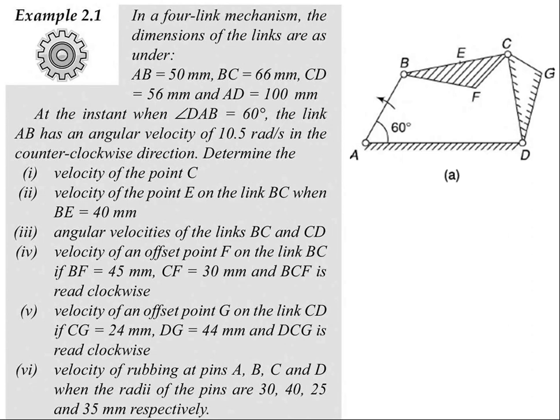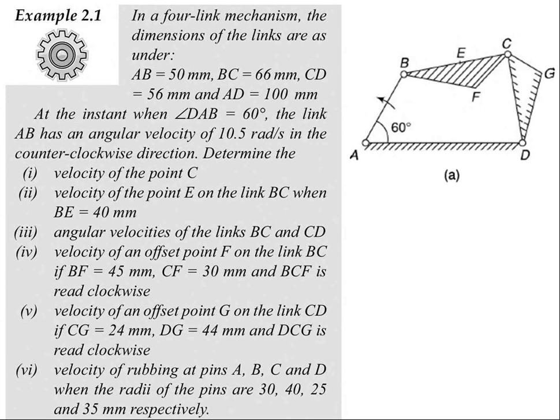So now the fourth one: the velocity of an offset point F on the link BC, that you need to calculate now. The length is already known to you, the point F is already taken, and BCF is read clockwise.